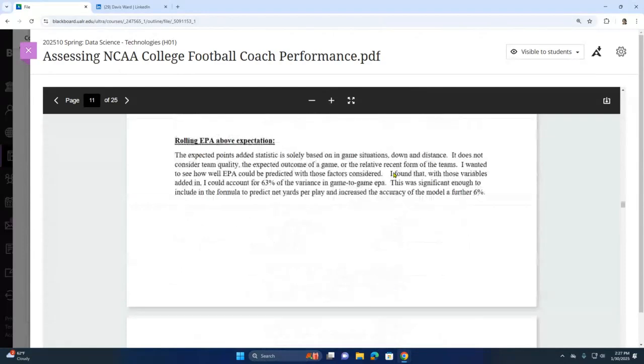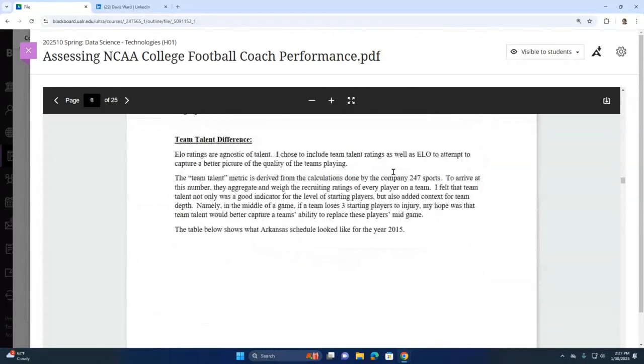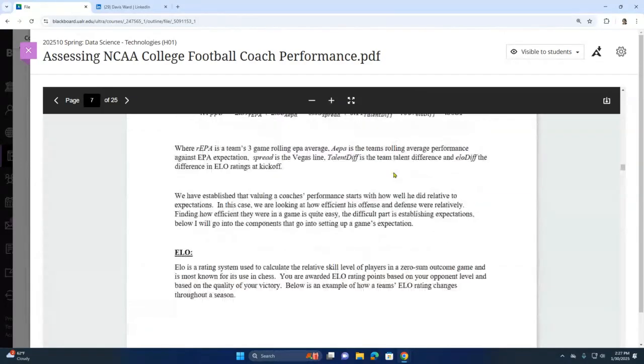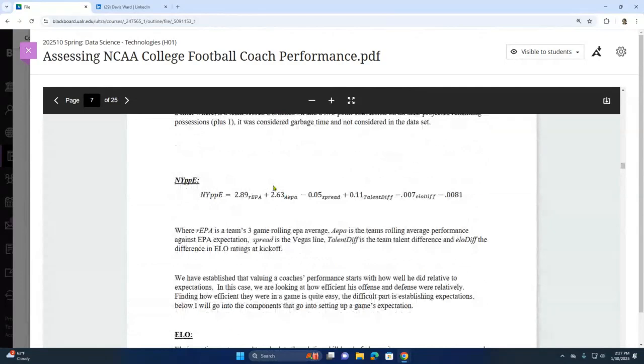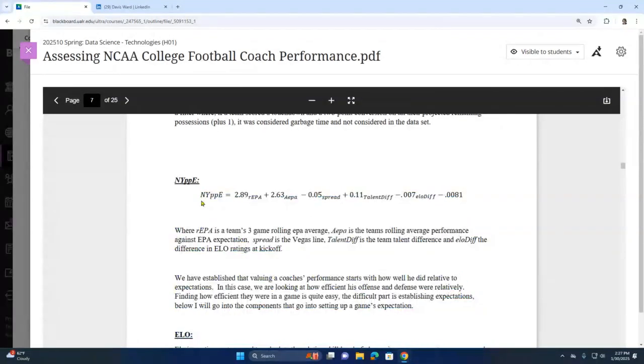And so just using a tool for his statistical analysis, this was actually the model that he came up with. But this model is just a regression model. It's just basically x equals a constant plus a set of weighted variables.